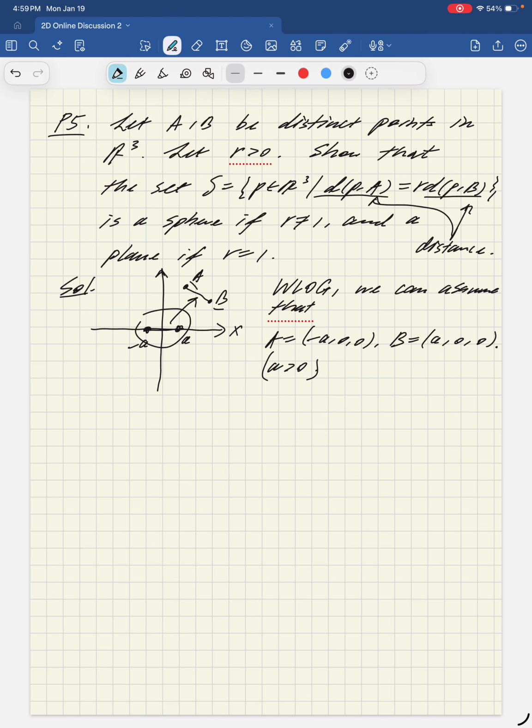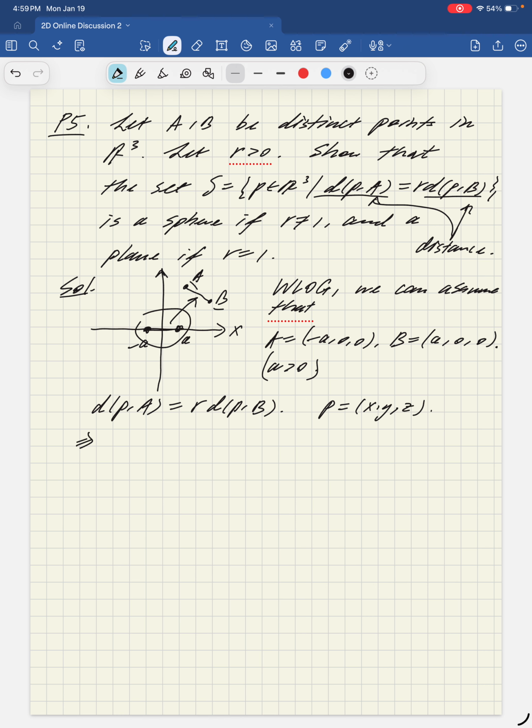Right, and so let's start with the condition that the distance between P and A is equal to R times the distance between P and B. And let's just put P to be equal to x, y, z.